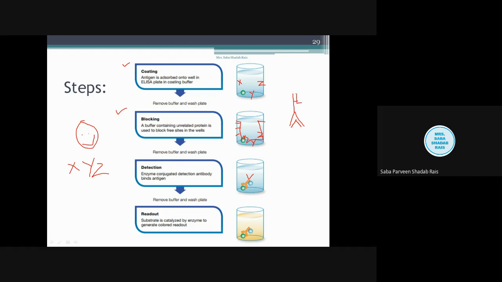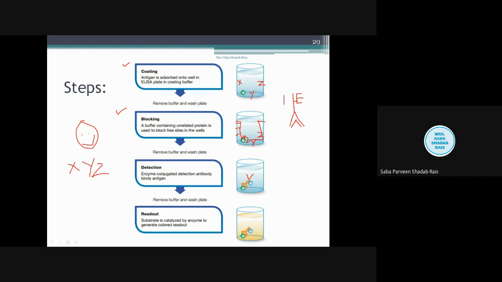Now I told you about the enzyme already, that these are the special enzymes which are attached on the Fc portion of the antibody. Now we have learned about the antibody, that the antibody has two parts.